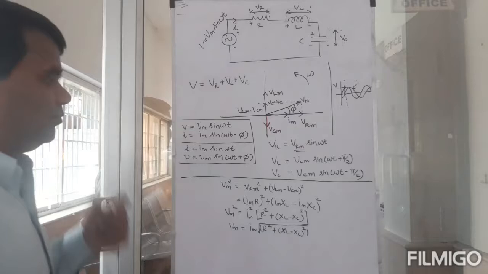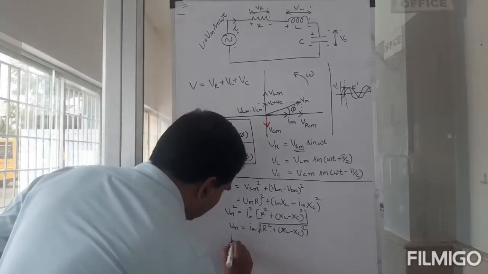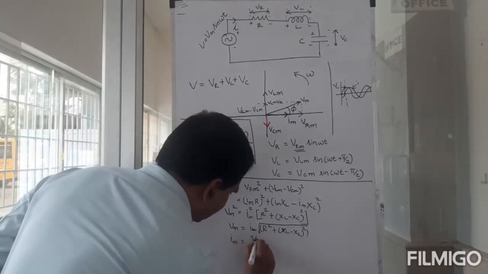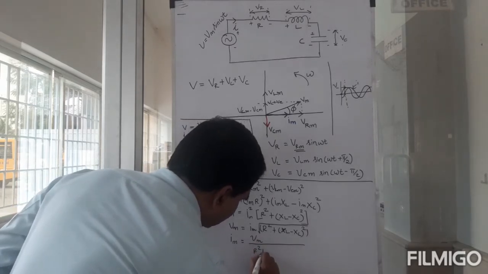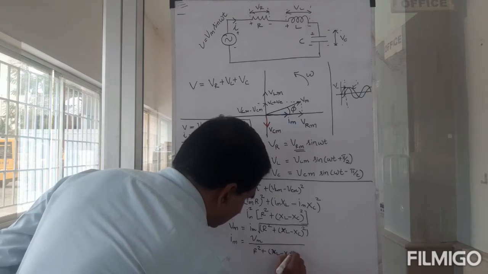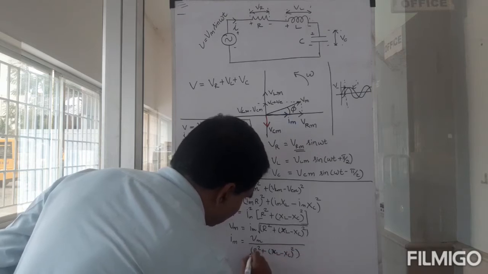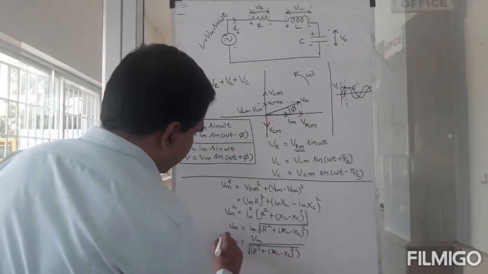And what is my IM? IM then is VM divided by the square root of R squared plus XL minus XC whole squared. Okay, I want you to pay attention to this.